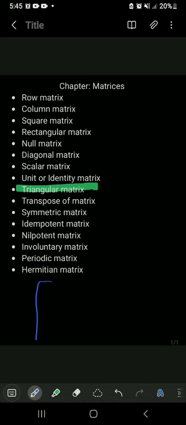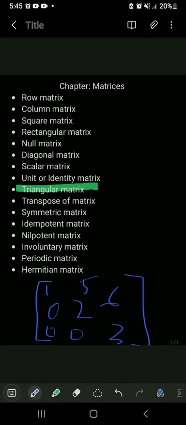We will discuss the upper triangular matrix, whose elements after the diagonal are non-zero. Means diagonal elements, make first diagonal 1 2 3 5 6 0 0 0.